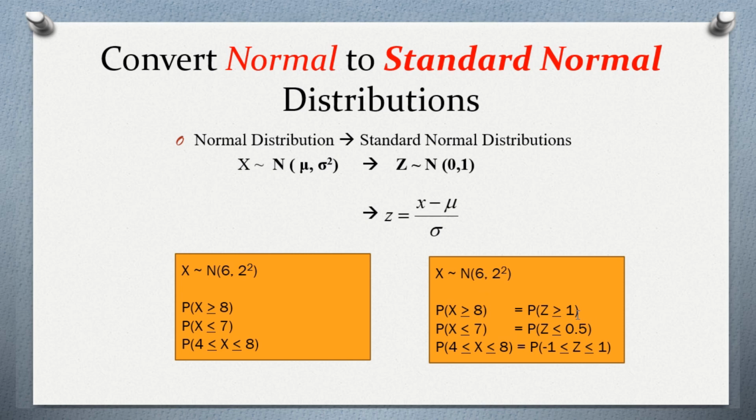That is how you get 1. Basically x minus mean divide standard deviation. Same goes here. If your x is less or equal to 7, how to change to z-score? 7 minus 6 divide 2. That is how you get 0.5. Minus mean divide standard deviation. Same concept as semester 2. The only new term here is from normal to standard normal. That's it. Alright?